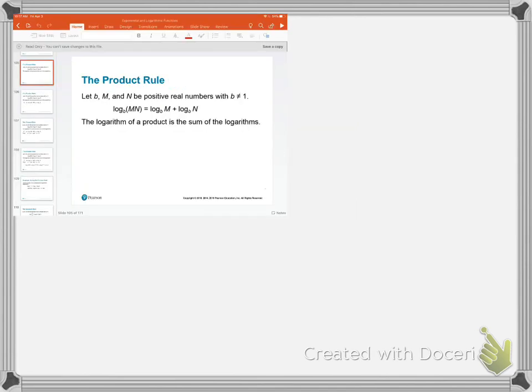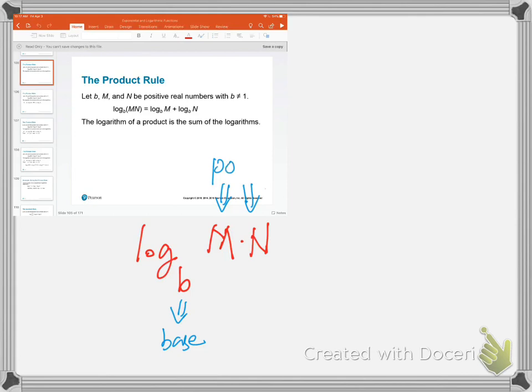The product rule means if you have log with some base b of a product m times n, so it's the product of two powers. Okay, b is the base, and these are two powers.